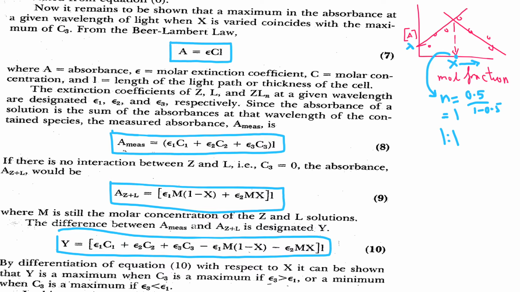So you have no absorbance for the ethylene diamine, you have absorbance for the nickel, so it has to be subtracted from the measured value.